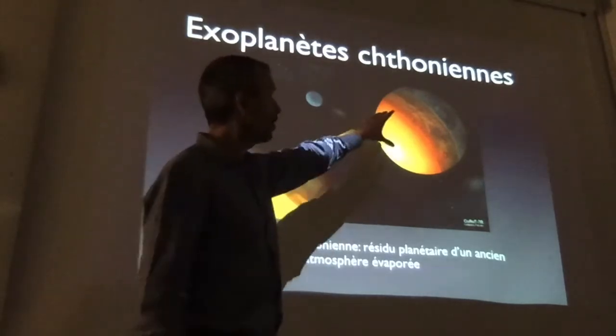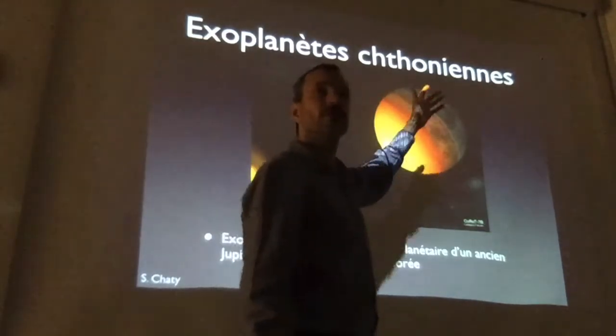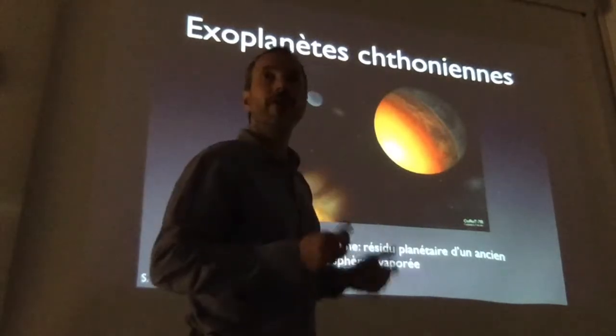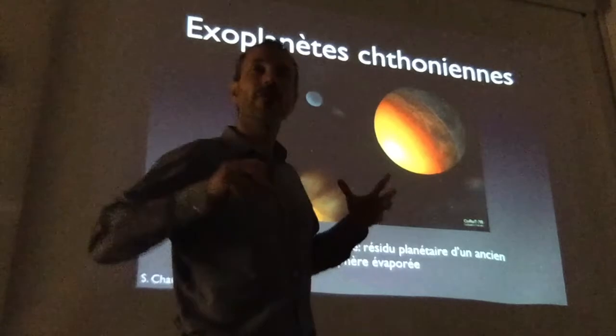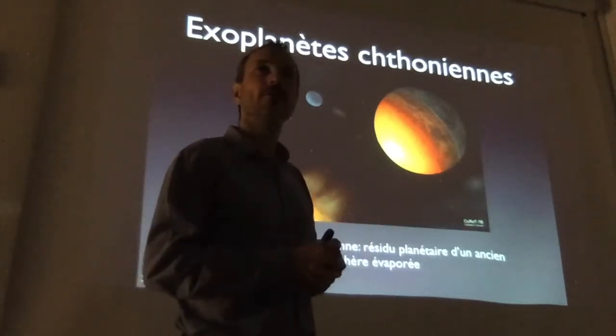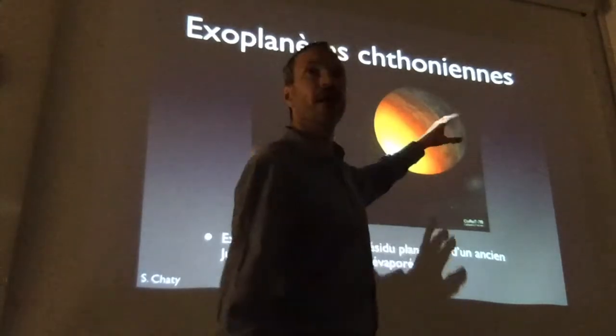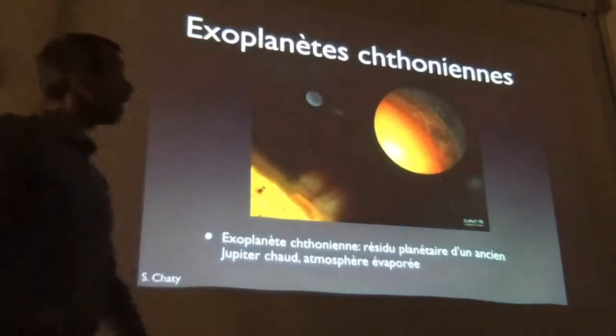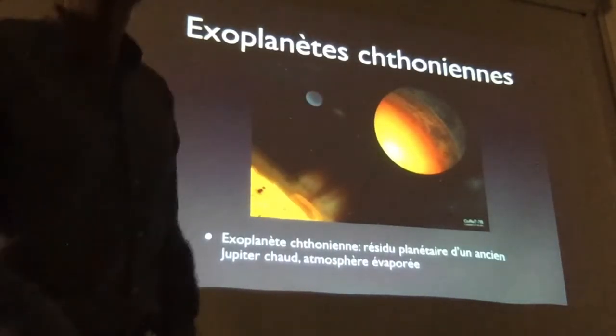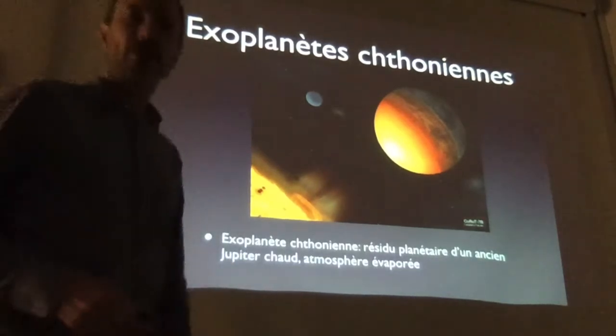You just have the core, a very heated core. So you can imagine, very compressed. You have thousands of bars of pressure on the core. So you have very compressed matter of carbon that you heat a lot when you are very close to the star. So it makes a very peculiar planet, I think.